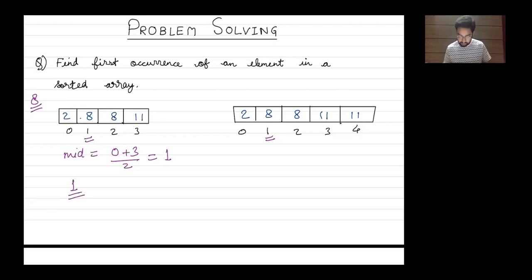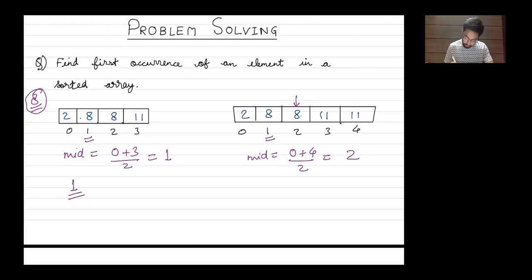Let's see if the same is followed in array 2 or not. So in array 2, mid index comes out to be leftmost plus rightmost index divided by 2, which is 2. Again, binary search tries to match the element present at second index, which is 8, with the element we are searching, 8.